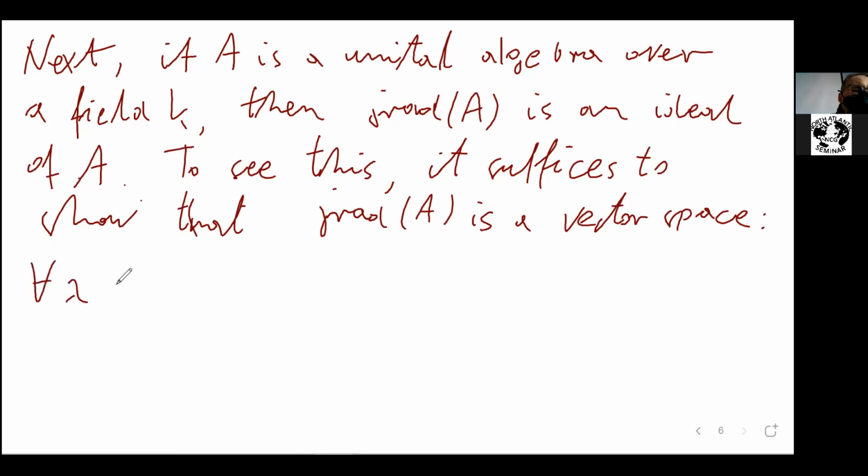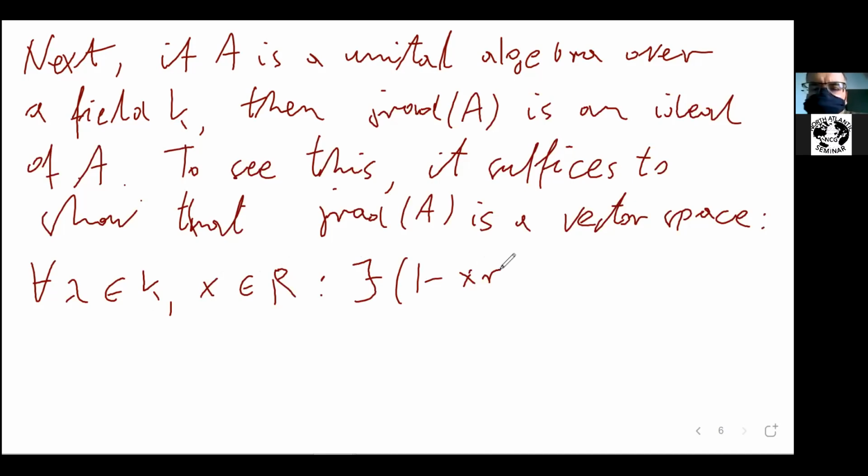I claim that for any element lambda in the field K and X in the ring, we have that lambda XR is invertible, of course, if and only if, this is an obvious tautology, 1 minus X times lambda R is invertible.